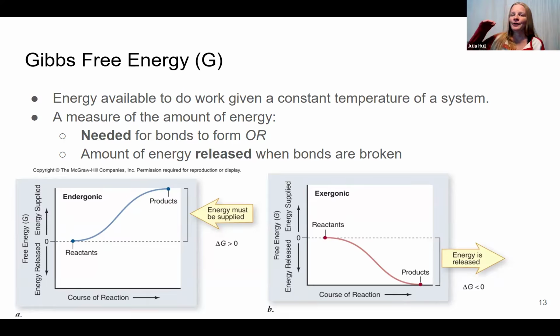So we need to have a way that we are going to have our energy input to keep our cells doing cell things. Okay, so the chemical reactions that are required in order for cells to keep doing cell things is going to require that we start out with our reactants at a low energy state, and we're going to end up with our products at a higher energy state, right? We're going to have energy input.